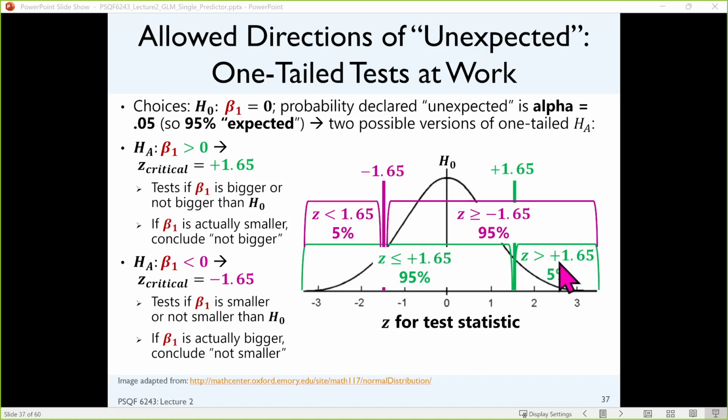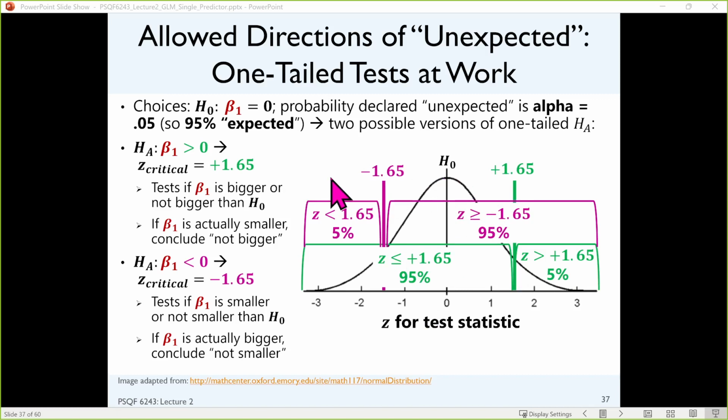So I have loaded up where unexpected is to only be on the right side. So I'm testing whether or not the slope that I got is bigger than 0. If I land over here, then yay me, my slope is significantly bigger than 0. And if I land anywhere over here, the conclusion is my slope is not bigger than 0.